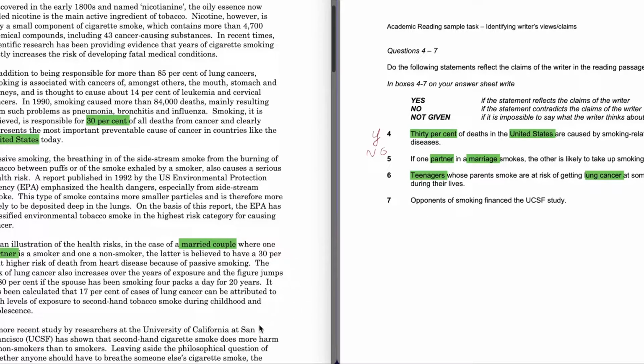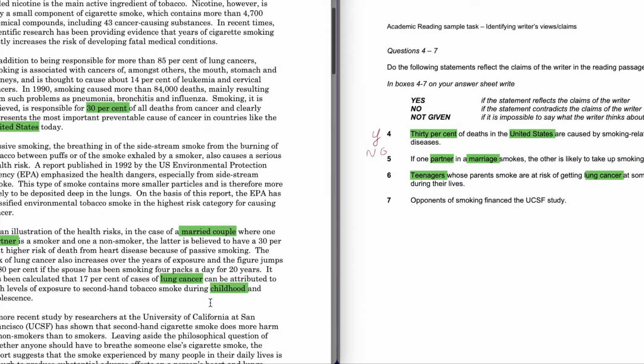In the same paragraph, there's some information related to lung cancer here. Let's highlight it. It was saying something about childhood, which is basically teenagers as well. So let's read the sentence.